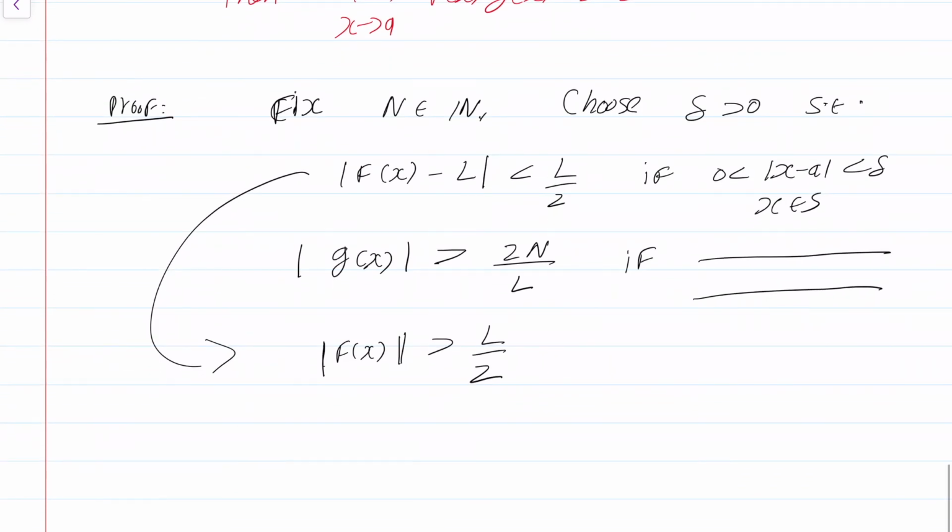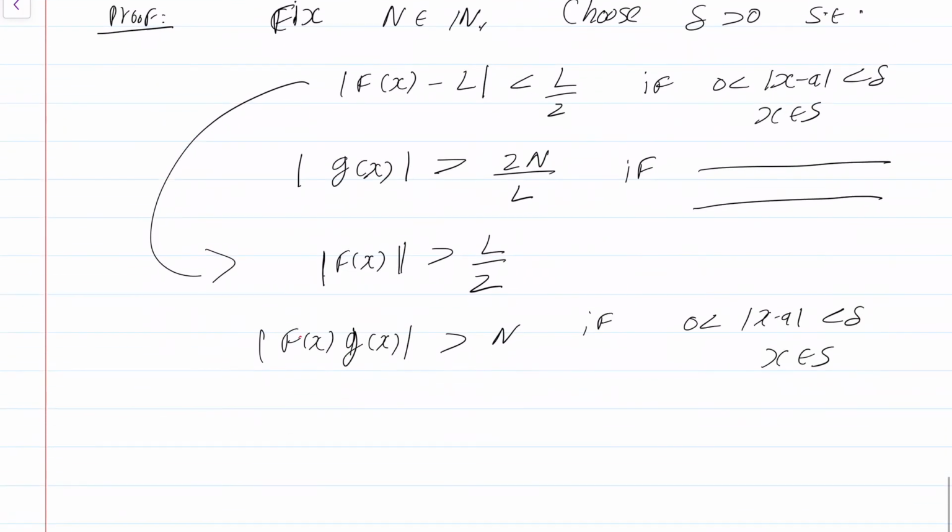So because |f(x)| is greater than L by 2 and |g(x)| is greater than 2n by L, |f(x) g(x)| is simply greater than n if 0 is less than |x minus a| less than delta and x is in S. This is an immediate consequence, hence proved.